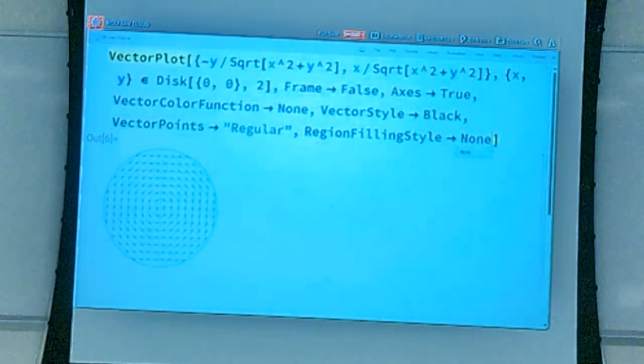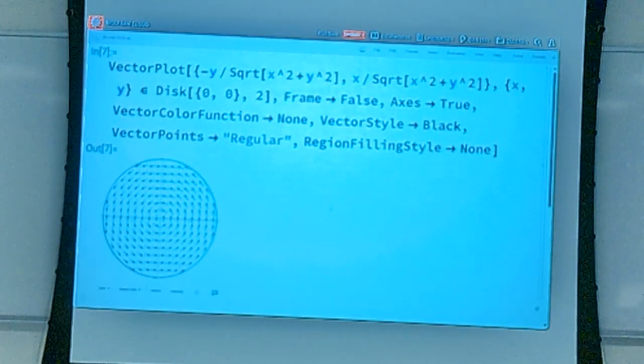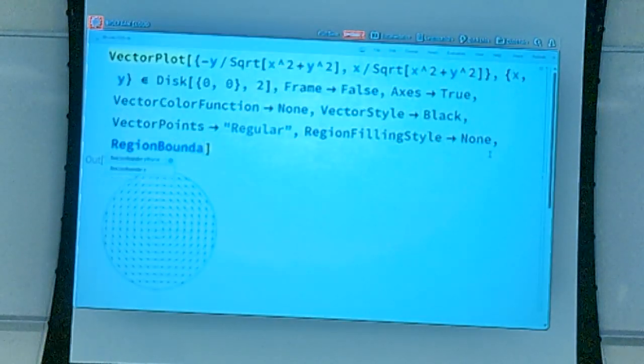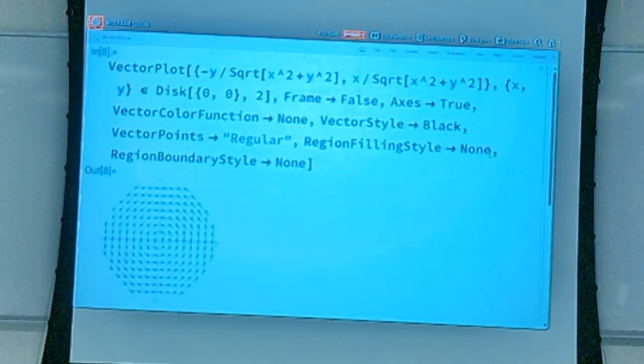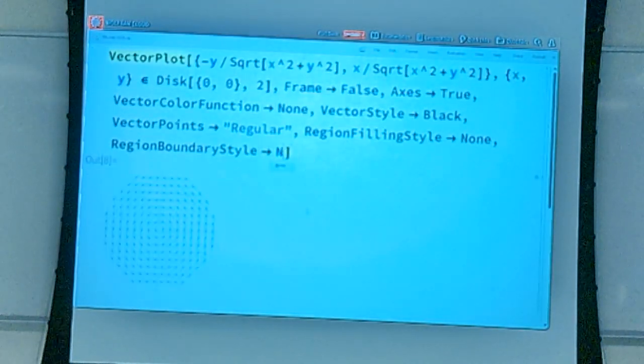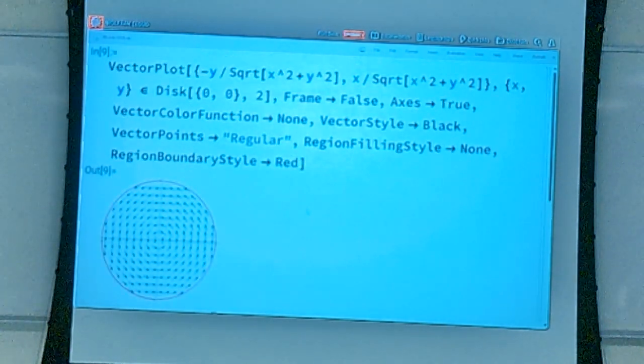Let's say you don't want that region to be shaded in. You can turn the region and filling style off, and obviously the same thing for the boundary. But if we want to keep it to show that that's what we're plotting, we can move it there.